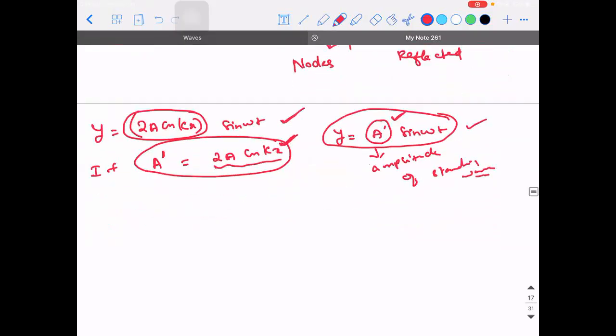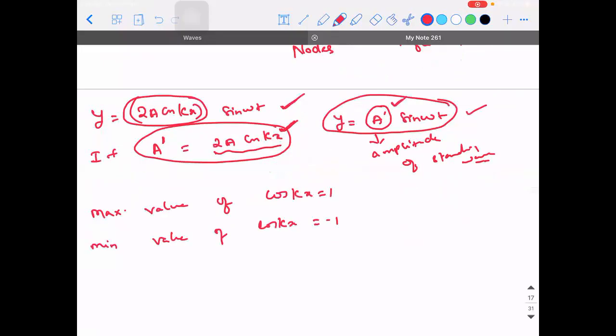So the facts to be known here are: the maximum value of cos kx is 1, and the minimum value of cos kx is -1. Have this in your mind.